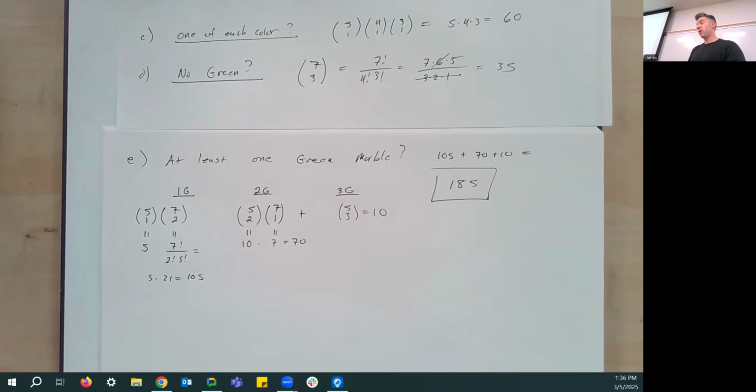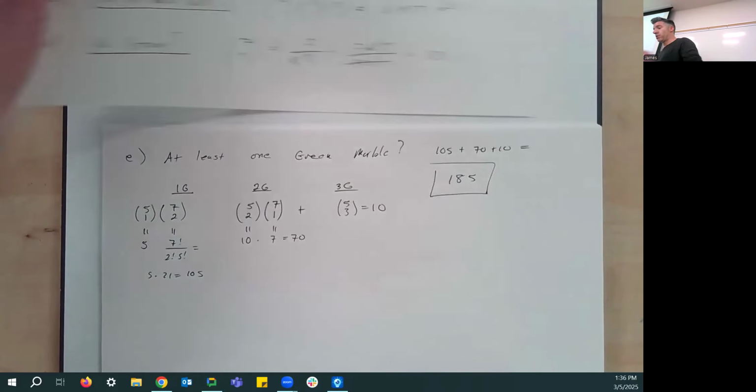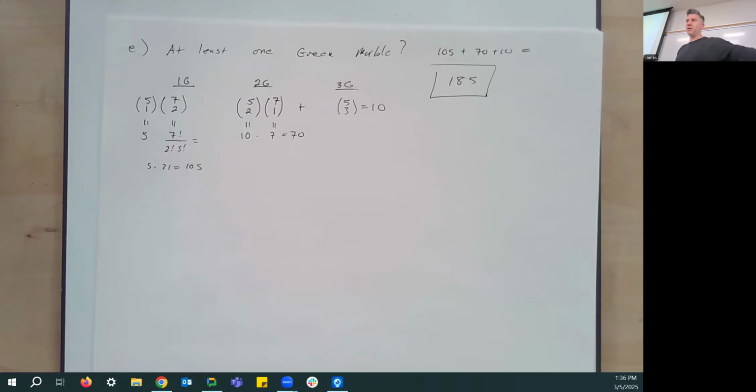Or, this is actually kind of an important example. This is an example of what's called the complement, meaning instead of picking all the things I want, I can figure out how many total things there are completely and then subtract out the things I don't want.